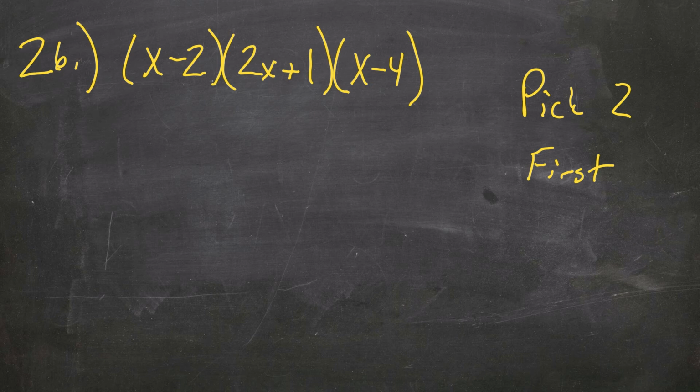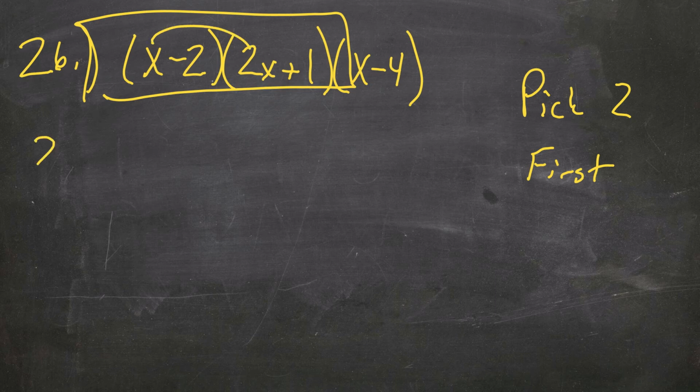All right, 26 looks a little more difficult just because there's an extra set of parentheses. So the real trick is you just pick 2 to start. So I just picked 2 just like I did in the last two problems. So I'm going to distribute those. x goes to 2x, gives me 2x squared. x then goes to 1 to give me x. Minus 2 goes to both, gives me minus 2x.